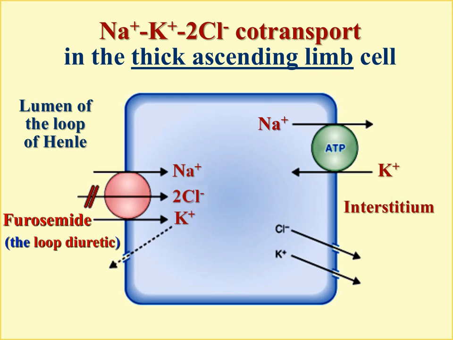Also, you should know for future study of pharmacology that exactly this sodium, potassium, chlorine transporter can be blocked by a medicine like furosemide, due to its operation exactly within the loop, actually not simply the loop but the thick ascending portion of the loop of Henle. It's called a loop diuretic.